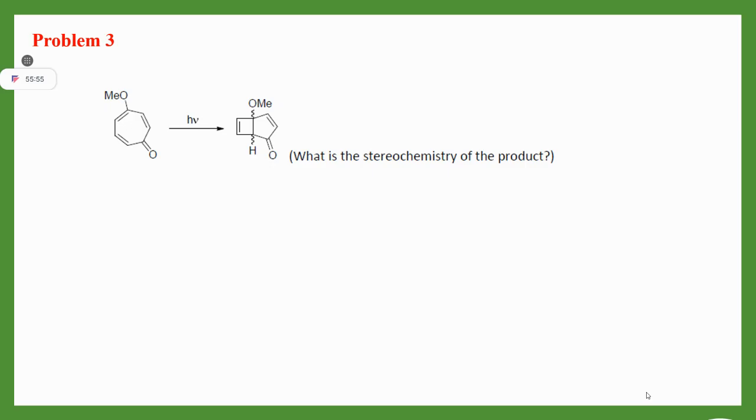Your mind should read which electrons are going to take part in the reaction. Second, which type of rotation it will undergo. And third, the stereochemistry of the product. And your job is done. Take 1 minute for this question and then we will start discussing.